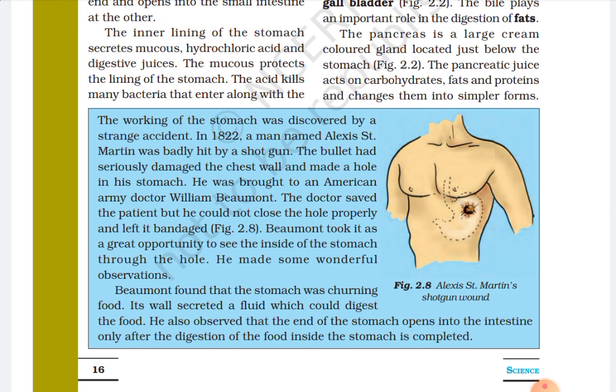Beaumont found that the stomach was churning food. Its wall secreted a fluid which could digest the food, and he also observed that the end of the stomach opens into the intestine only after the digestion of food inside the stomach is completed.